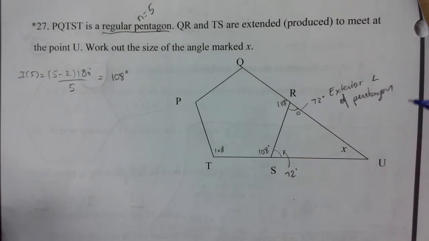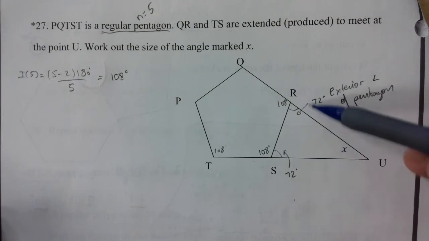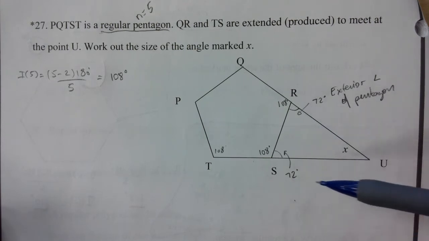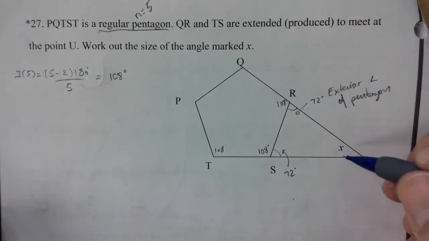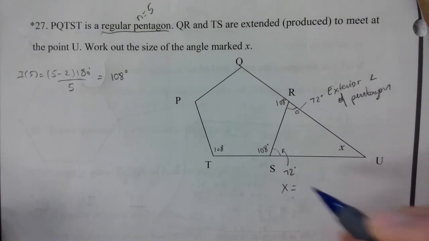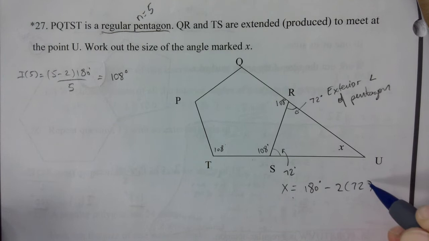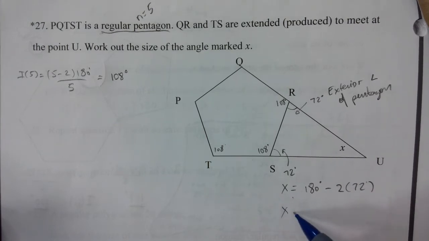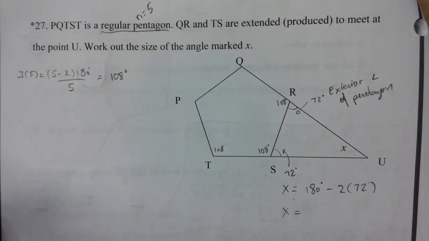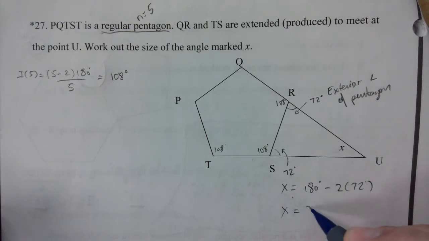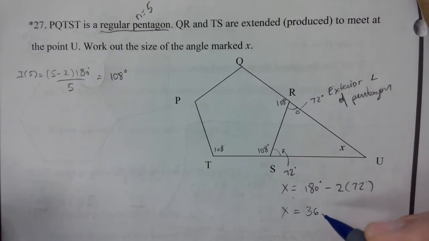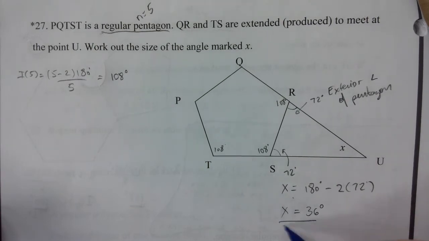Okay, the 72 is the exterior angle of a pentagon. So now we can find x. So angle x is just going to be 180 minus 2 times 72. That's 144, so we are at 36, right? Done.